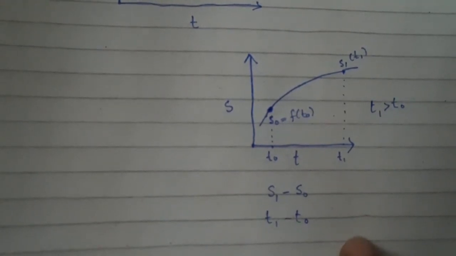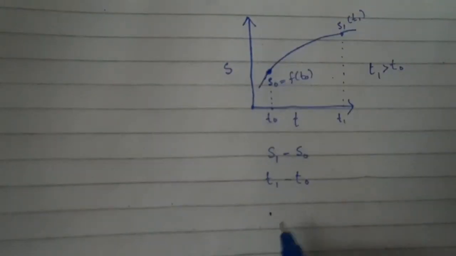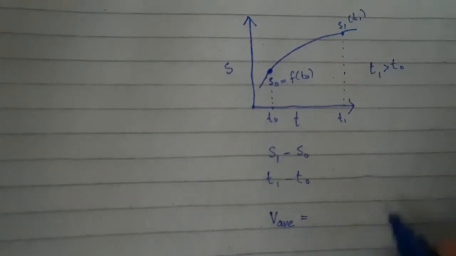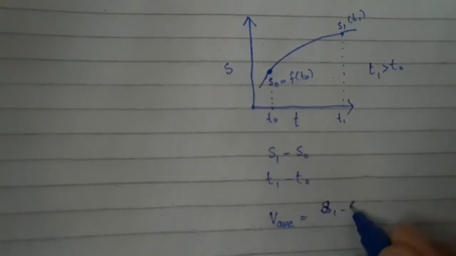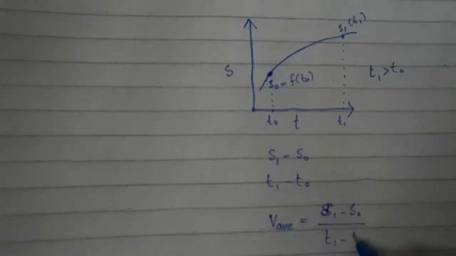Then what will be the average velocity during this time interval? The average velocity, like we said above, is equal to distance traveled divided by time elapsed. So distance traveled here is s1 minus s0 and the time elapsed is t1 minus t0.